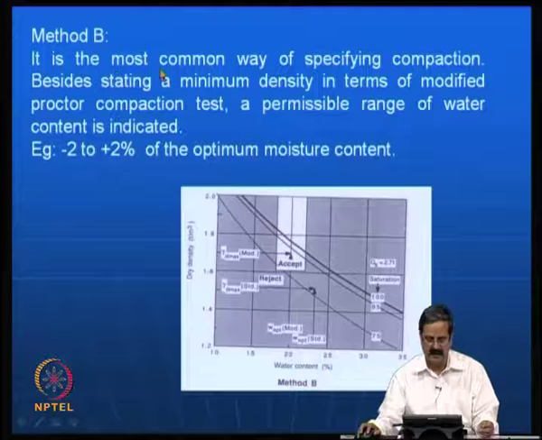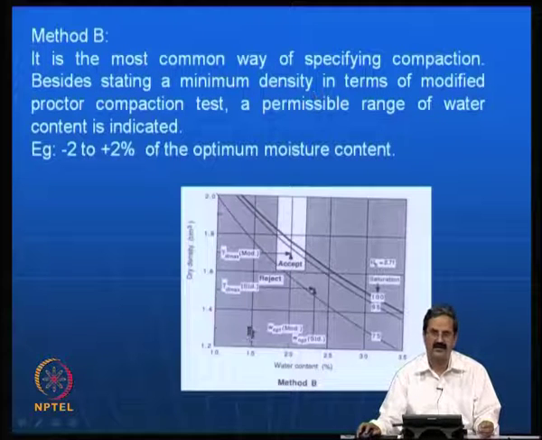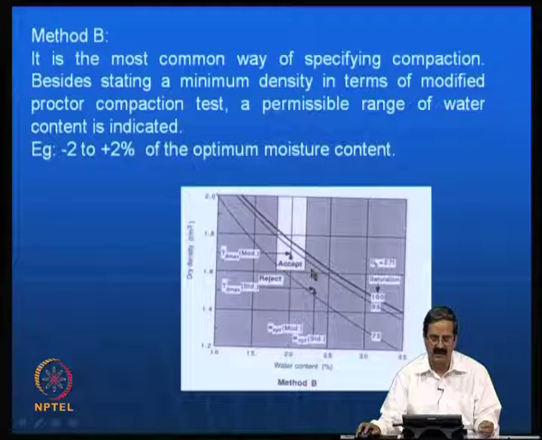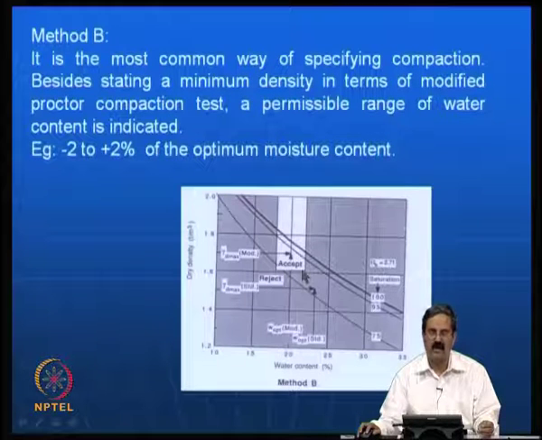Now, this is somewhat better, because besides the minimum density that you have here, you are also specifying some water contents. I have the water content range also. Instead of just defining one line of density, you have a certain range of water contents here. For example, in this case about 17.5 to 22.5.